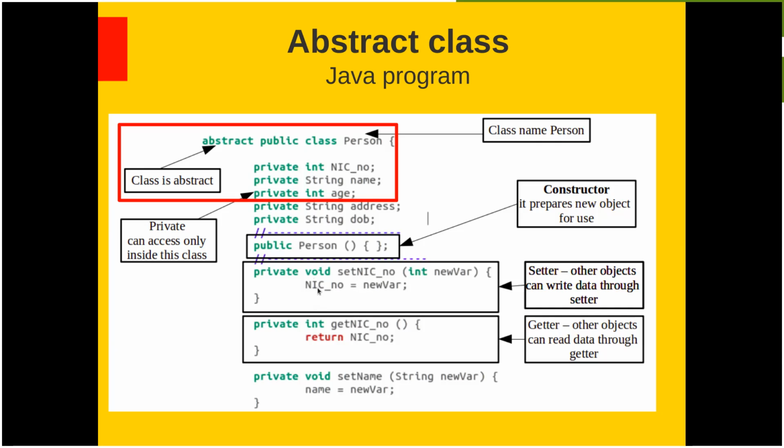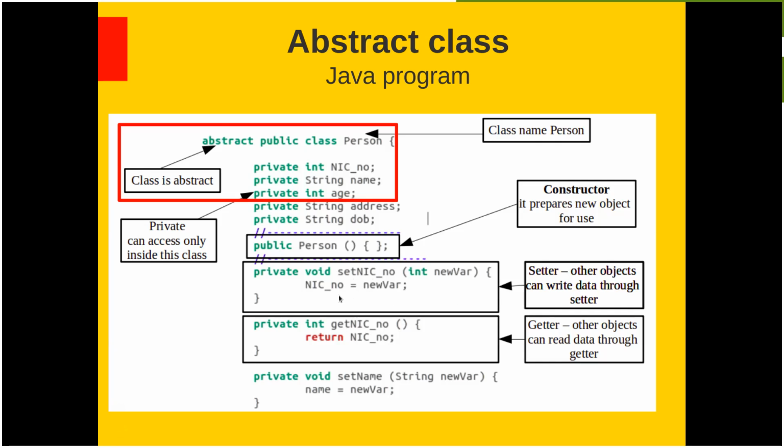In function-oriented programming, we call this type of thing a function, but here we call it a method. Another method is get NIC. No, it is the getter. This is the setter. This is the getter.